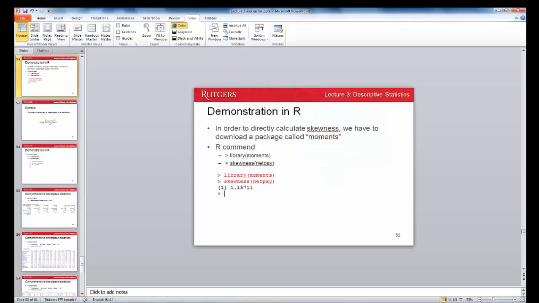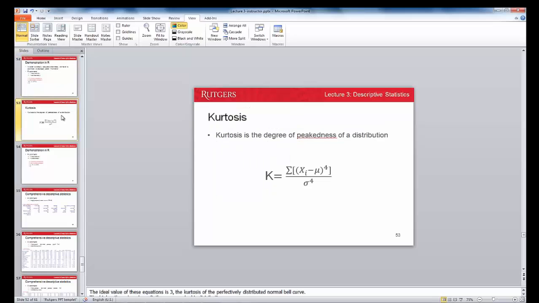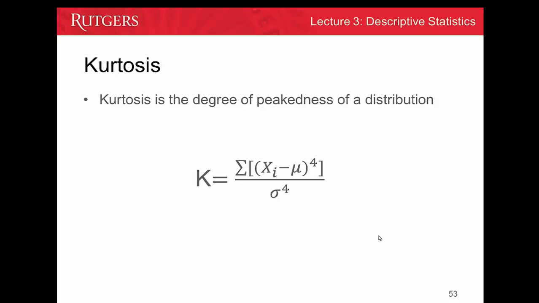Then let's go to the next descriptive statistic, which is kurtosis. Kurtosis is a measure of the peakedness of the data distribution, and it can also be negative or positive. The negative kurtosis indicates a flat data distribution, while positive kurtosis would indicate a peaked distribution, while the normal distribution has zero kurtosis.